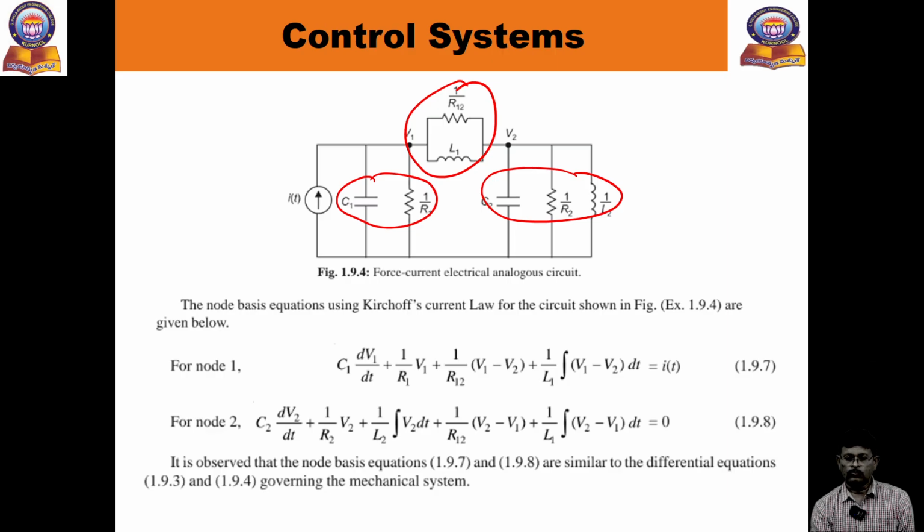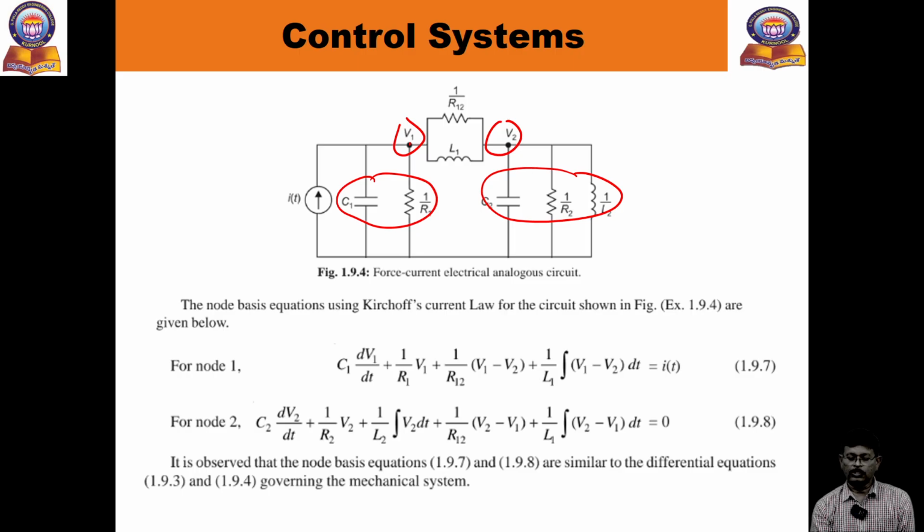See, in the force-voltage analogy you take two loops, and in the force-current analogy, two nodes: V1 and V2. Between the two nodes there are two elements, the spring constant and the dashpot, replaced with an inductor and a resistor.